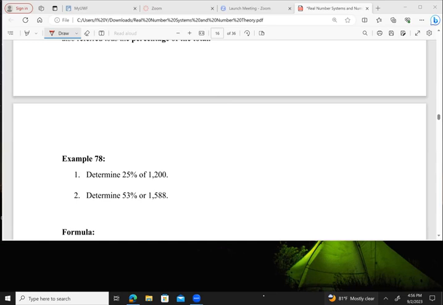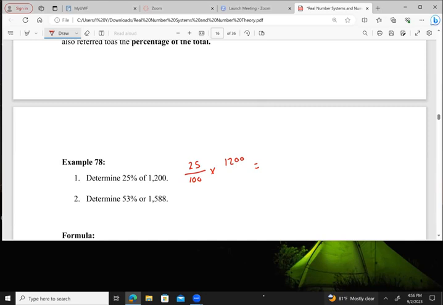So what is 25% of 1,200? Well, 25 times 1,200 is 30,000, and this is over 100.